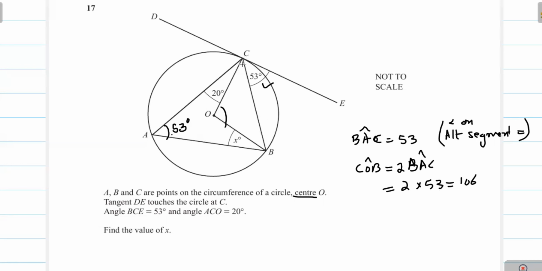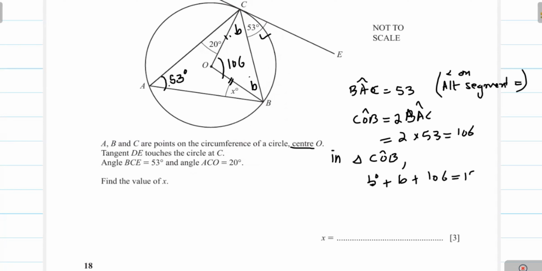Therefore, we suppose that this is the angle B and this also will be angle B. Therefore, we can write the sum of interior angles of the triangle: B plus B plus 106 equals 180. Therefore, 2B will be equal to 180 minus 106, that's equal to 74 degrees, and B will be equal to 37. Therefore, this angle is 37 degrees and this angle is also 37 degrees.